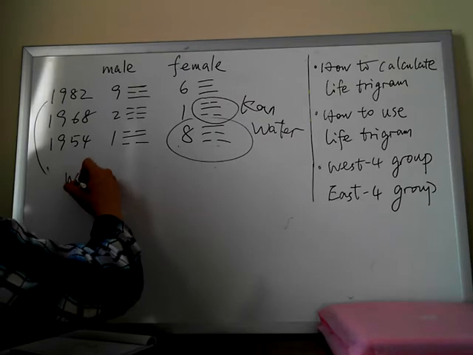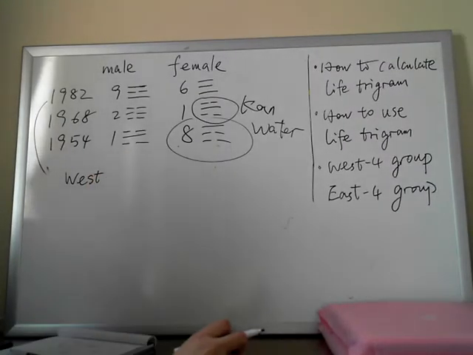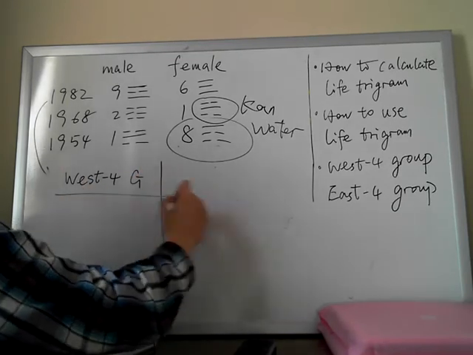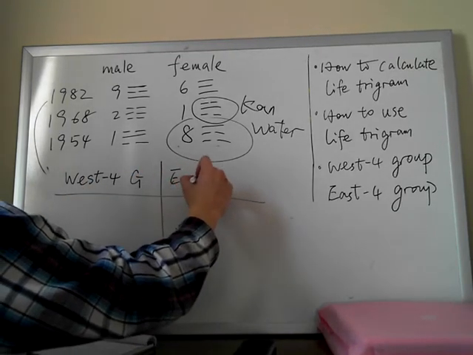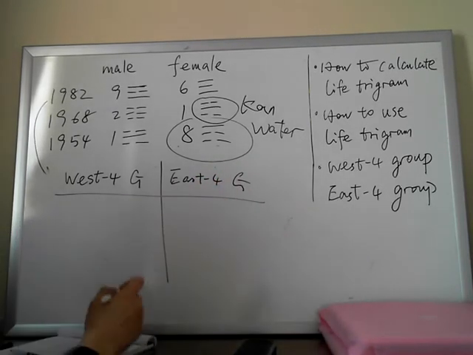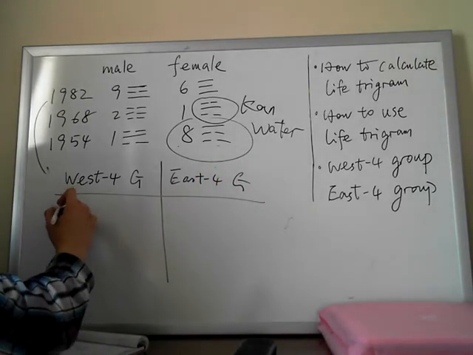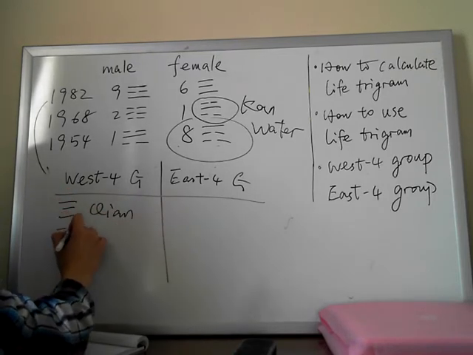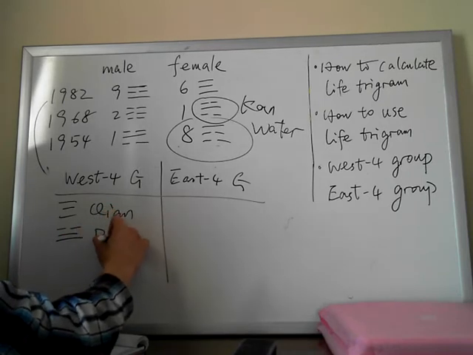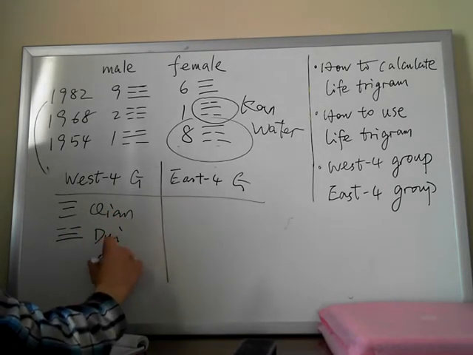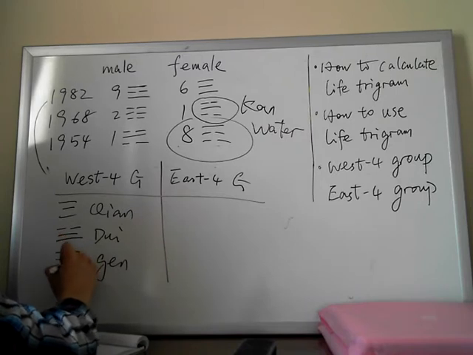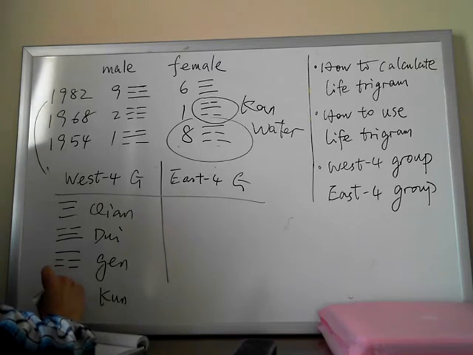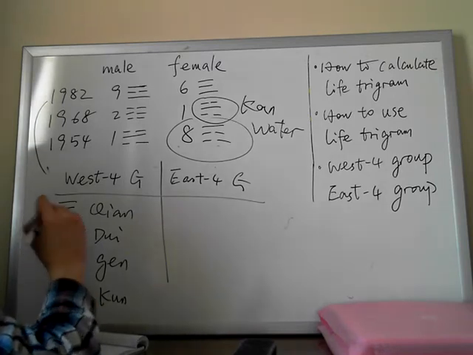One is called the West 4 group, the other is the East 4 group.